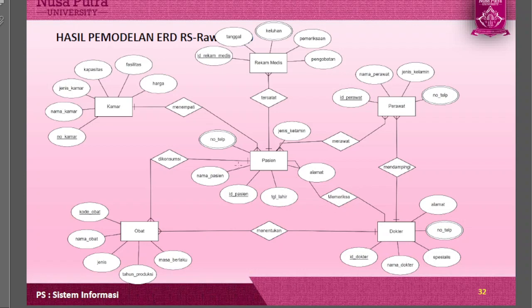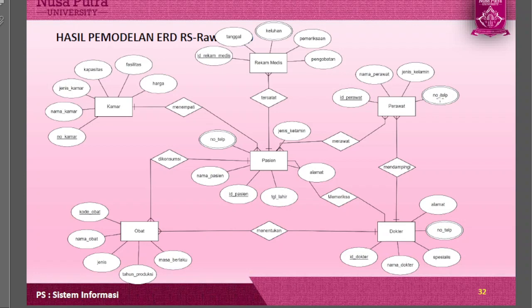And then the patient has an assistant. The assistant is the nurse, and the nurse has attributes too: nurse ID, name of the nurse, gender, and phone. And here for phone you can see the double ellipse.